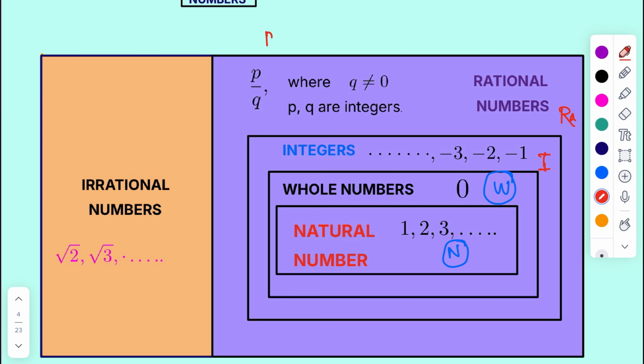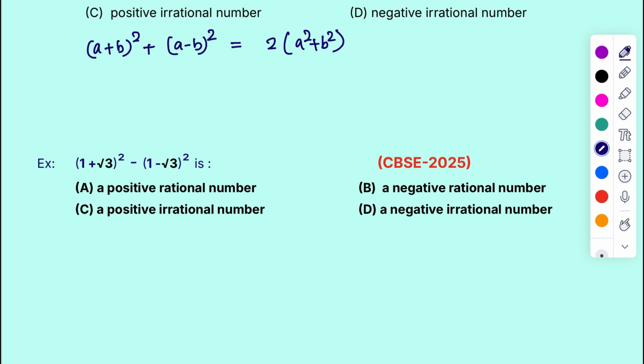Now here we can write this as a plus b whole square plus a minus b whole square, which is equal to 2 times a square plus b square. This you have to remember. This is the formula, or you can directly take the square and simplify it. Here in place of a it is root 3, in place of b it is 2.